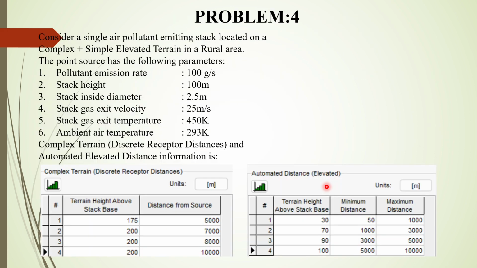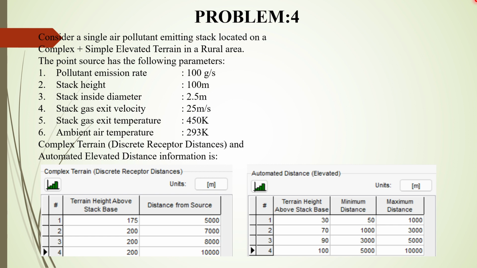Now what is our problem for today? Consider a single air pollutant emitting stack located on a complex plus simple elevated terrain in a rural area. The point source has the following parameters.